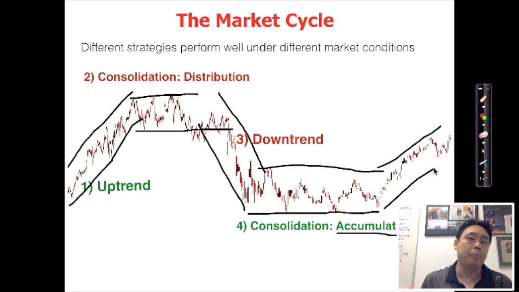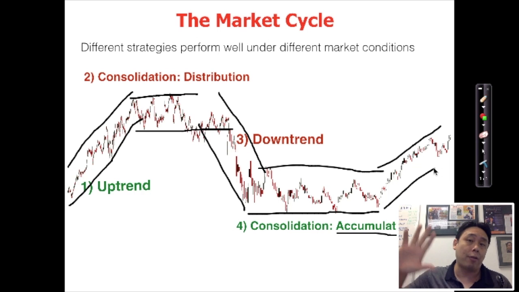Slowly, as the uptrend unfolds and goes higher and higher, more retail investors start to pile in. Again, the uptrend will then form into another consolidation distribution and a downtrend, and the cycle continues. Most of the time, the cycles go in this sequence: uptrend, consolidation distribution, downtrend, and consolidation accumulation. But not always. It's not a perfect science.